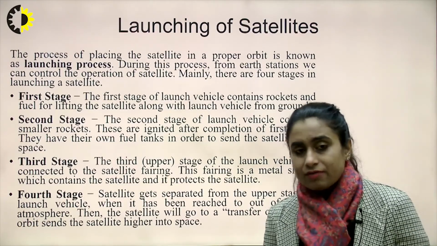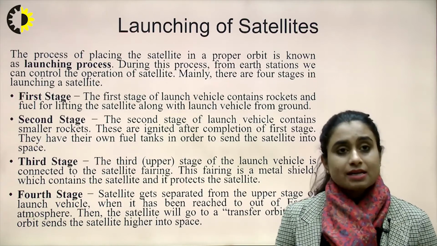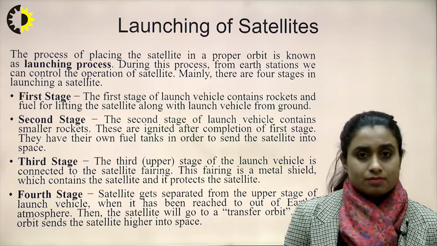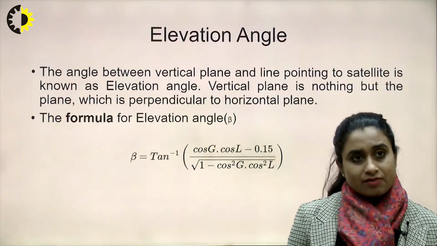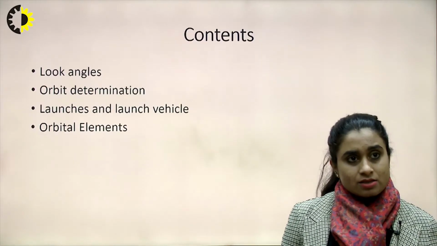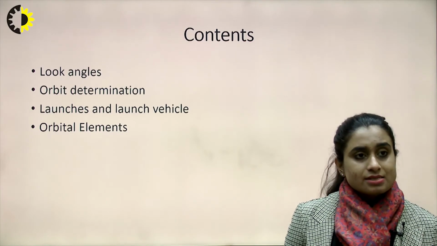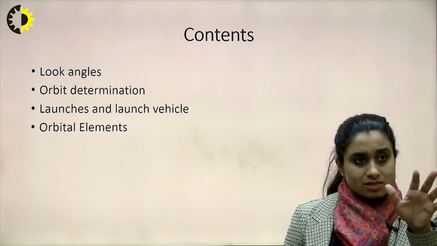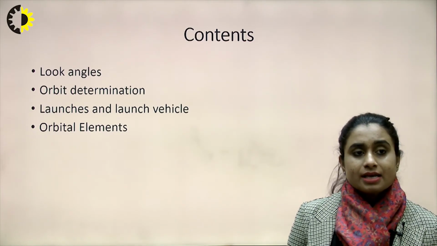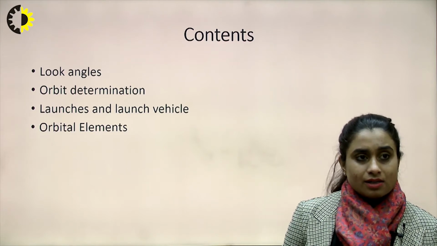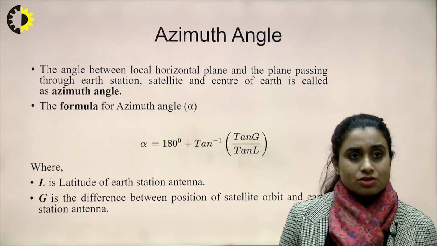So now if we talk about launching of satellites, so these are the topics that we are covering. Let's go to the content again. So we are talking about look angles that we have covered. Orbit determination is with the help of look angles, and now we'll study about launches and launch vehicles.